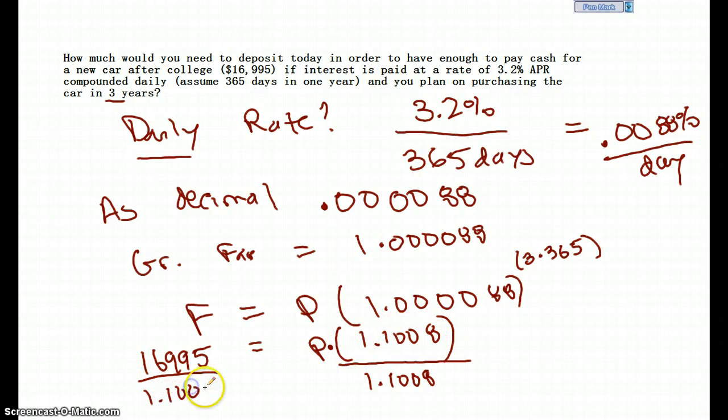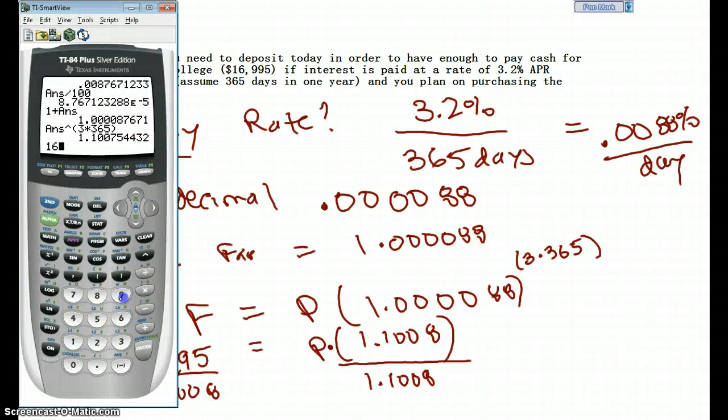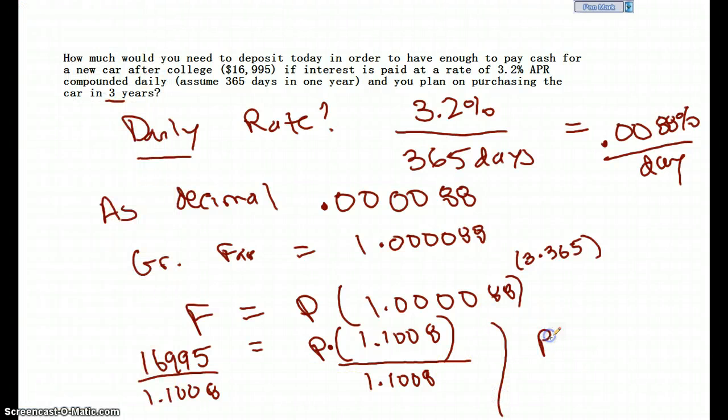So we've reduced it down to a pretty simple problem, and we can take 16,995 and either divide it by the second answer, or I'll just use our rounded version of 1.008. That gives us the fact that P is about $15,438.77.